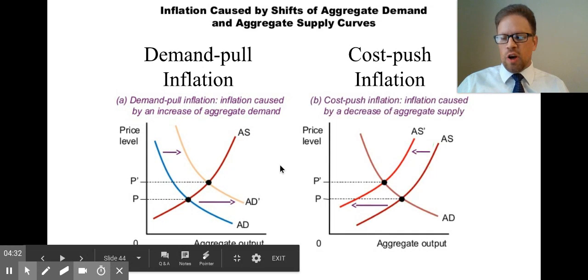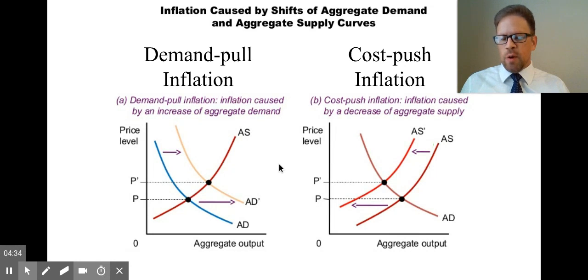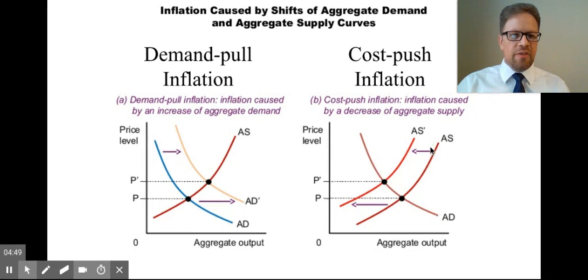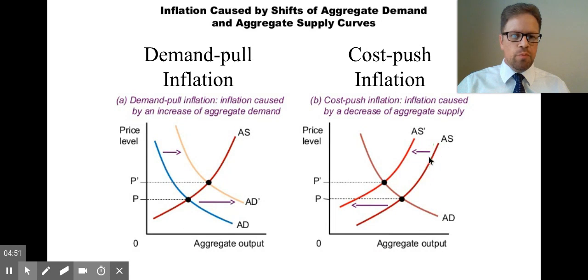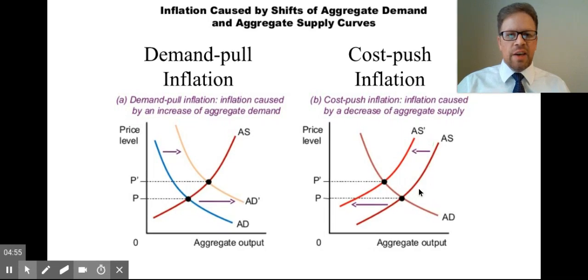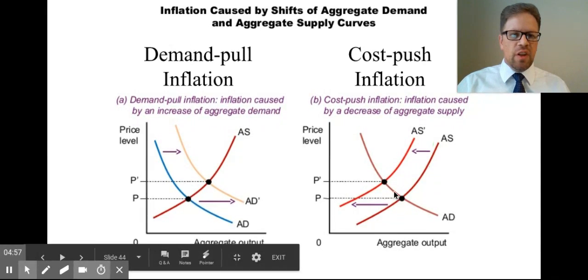Now, the other type is cost push inflation. And with cost push inflation, this occurs when increases in the overall cost of making and selling goods and services actually raise the price level. So the costs have made it difficult to produce at the level that businesses used to produce. So aggregate supply actually declines, and by declining, it shifts to the left.